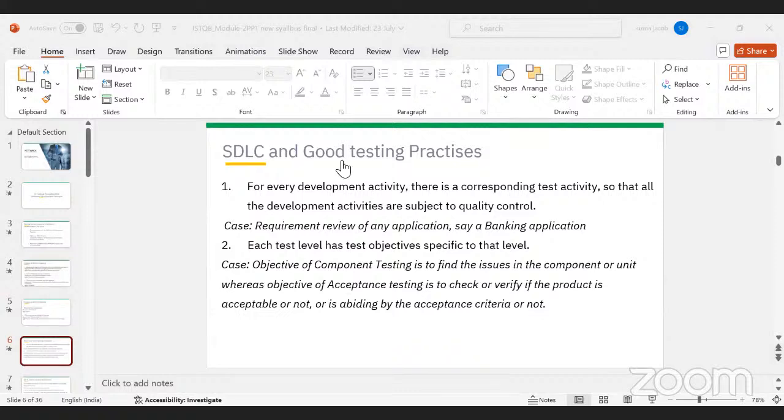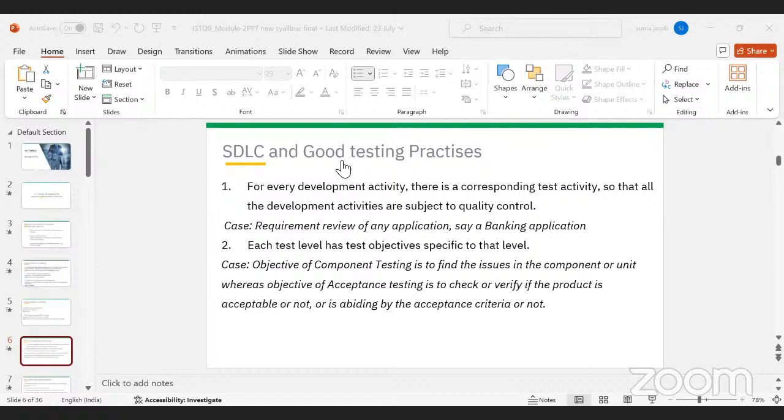Iterative, that's correct. Any other options? V model. How is it V model? In V model we are also doing evaluation for every development phase. So that is also correct.